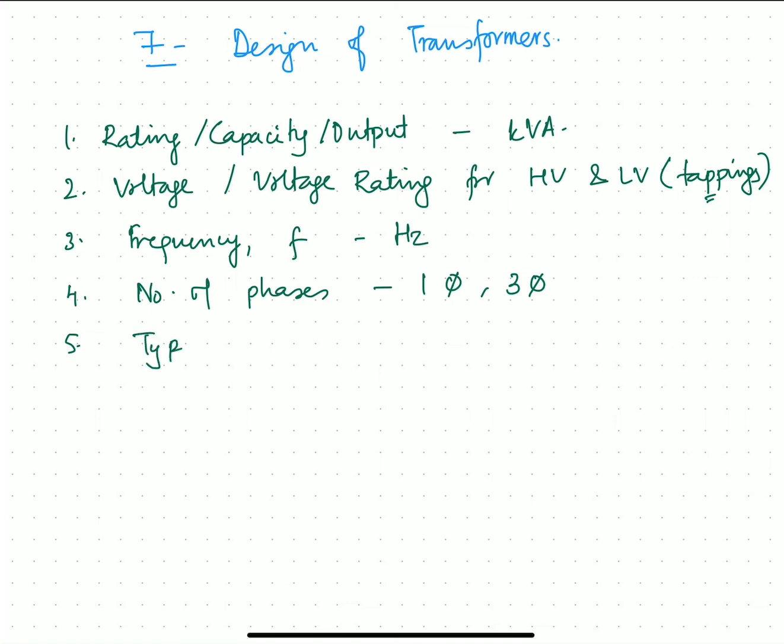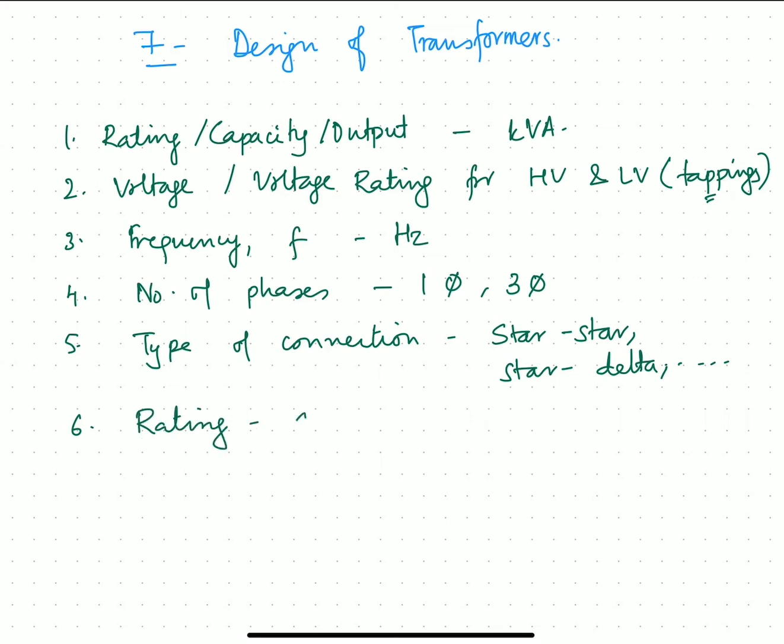Type of connection, in 3-phase it could be a star star, star delta, and likewise. It could be rating, whether it's continuous or for a short time. Cooling, whether it's forced or natural.